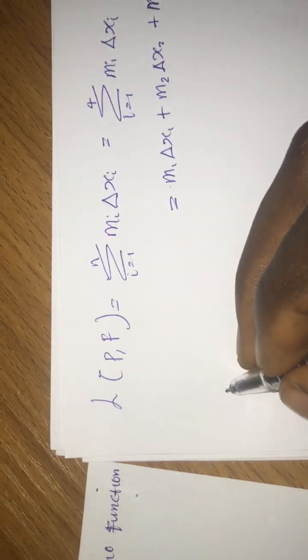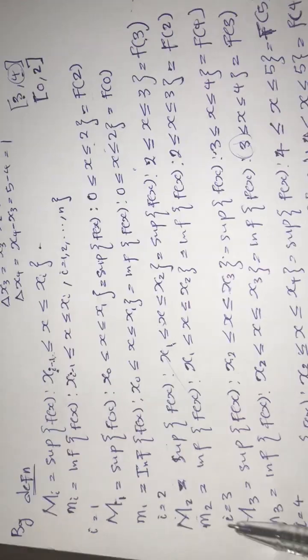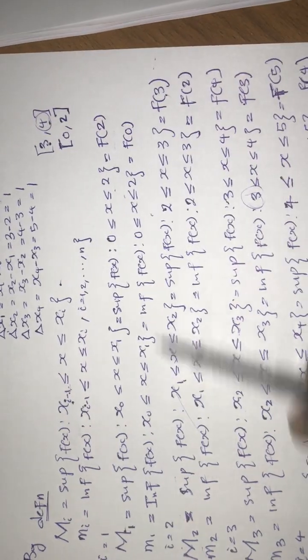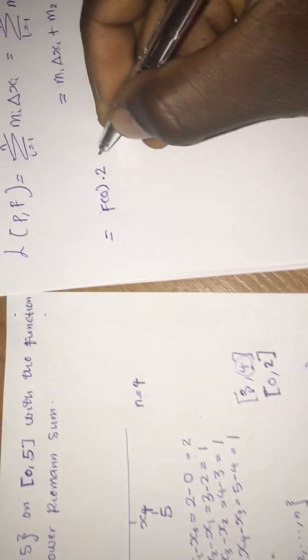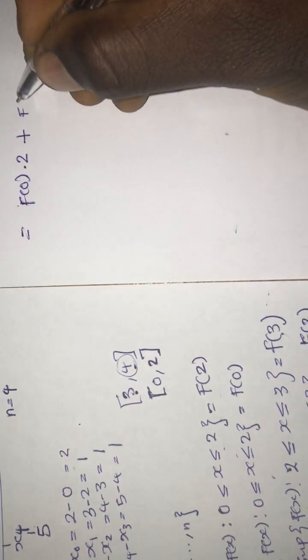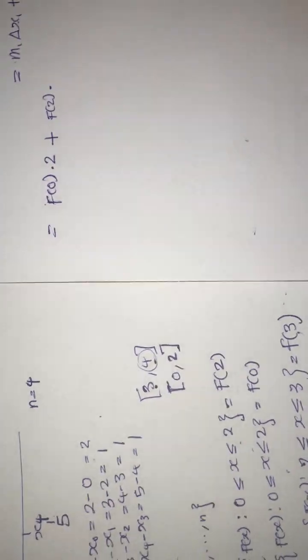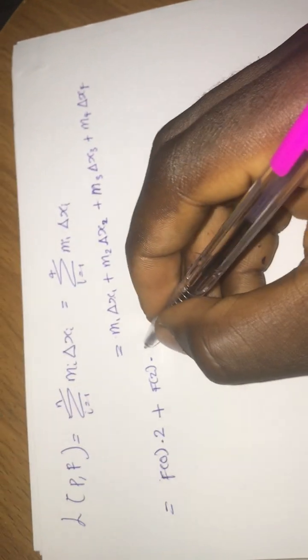Now, our small m1 is f of 0, and our delta x1 here is 2, so dot 2. Now plus m2, which here is f of 2, dot our delta x2, which is 1.